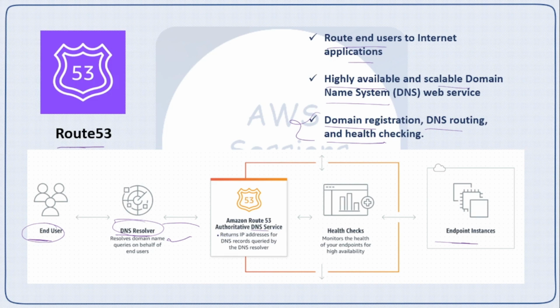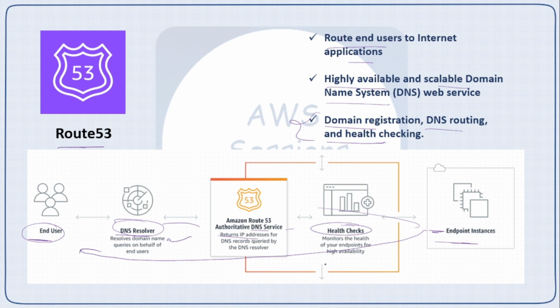From here, it returns the IP address of the endpoint instance, and then it does a health check whether the application or the prefix that it is trying to access is accessible. If it is healthy, then it returns a response to the user, else there will be some error. So that is how Route 53 works.